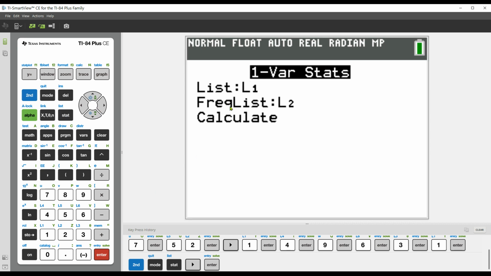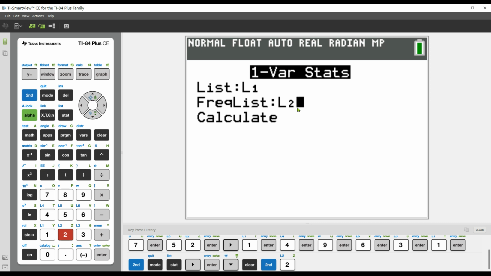I'm going to hit number 1 or Enter. So my list, I have L1. Frequency list, yours might be clear. If it's not clear, don't clear it. If it's clear, you want to put 2nd, number 2 in there to put your frequency list. Now you have to be careful. If your original data, you put into your calculator, you just have your L1 and the frequency list is clear.